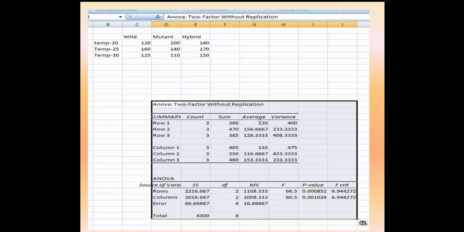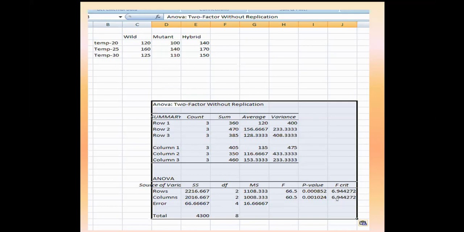In the lower table, you can see what we find: the F critical and F calculated values are here in the table. This F calculated value is 66.5 and the critical value is 6.9. It means there is a very high difference among the mean values. You can say rows means the temperature. So temperature has this effect on the egg laying.